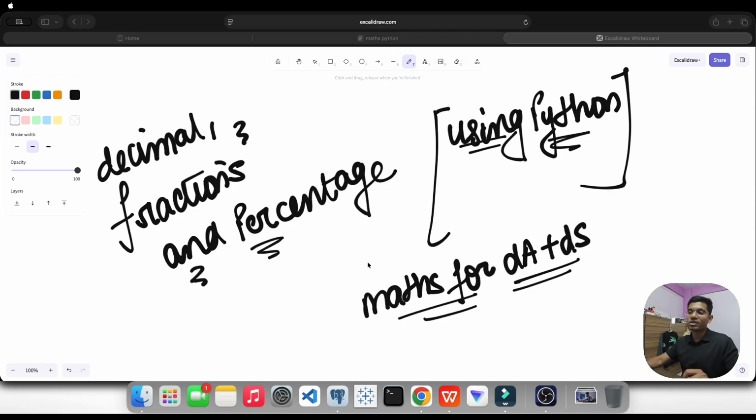And let me tell you one thing, all these three things, decimal, fraction and percentage, are interconnected with each other. To change a decimal into a percentage, you multiply by 100. To get a decimal number, you do a fraction. Simple as it is, everything is connected.